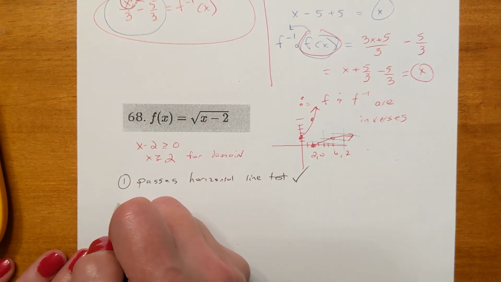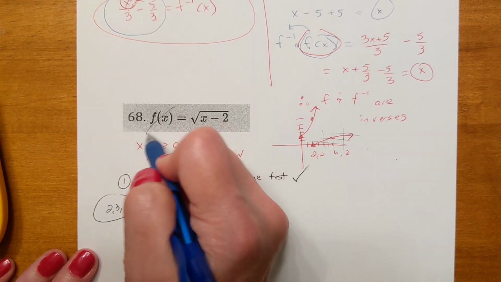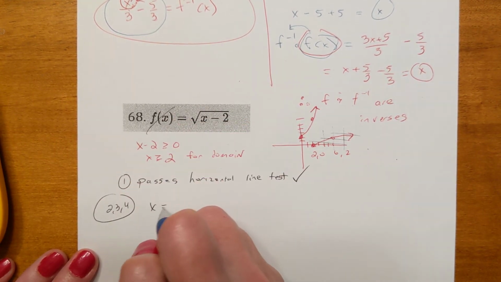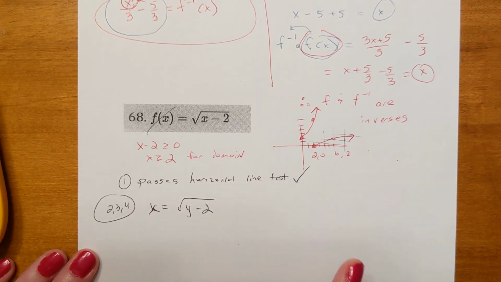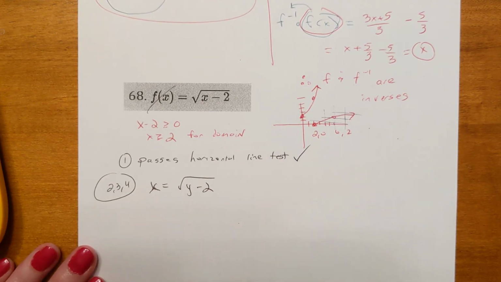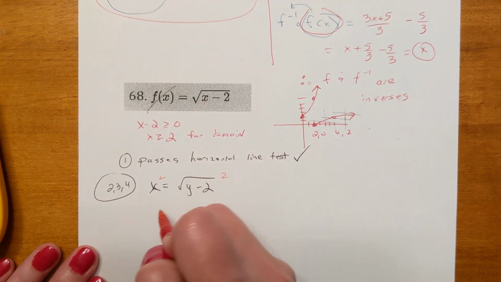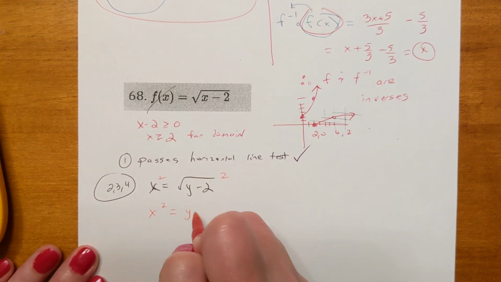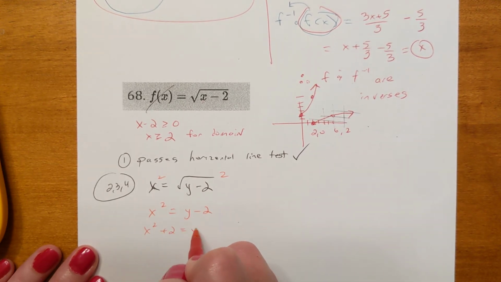All right, then steps 2, 3, and 4. So again, the y becomes x, the x becomes y, and then you have to solve for y. So since it's a square root, we need to square both sides. So it gives you x squared equals y minus 2. So move the minus 2 over, and it becomes plus 2.